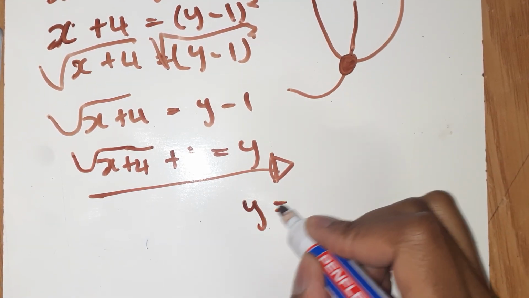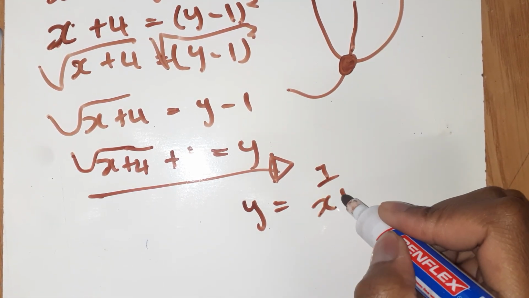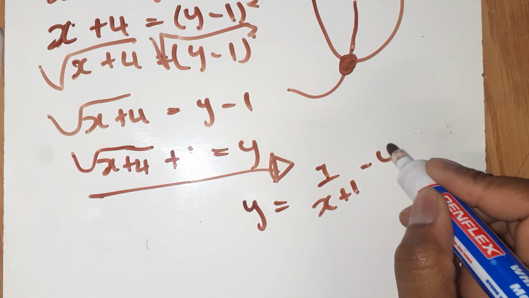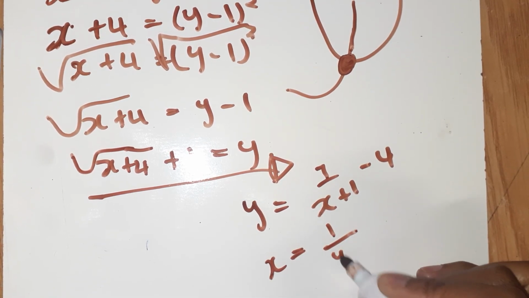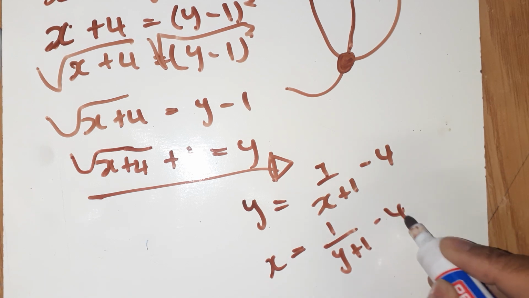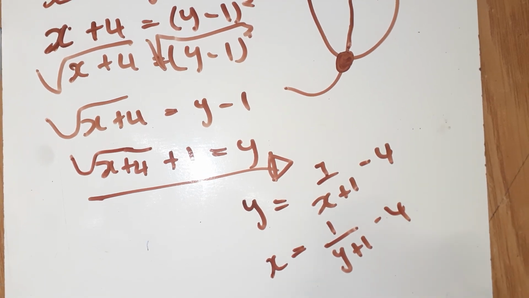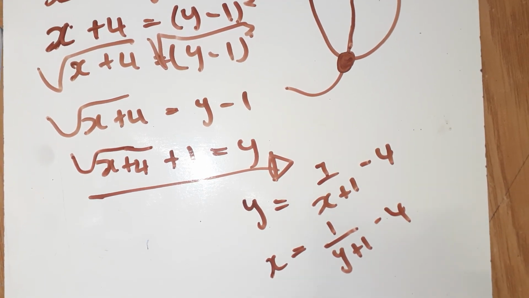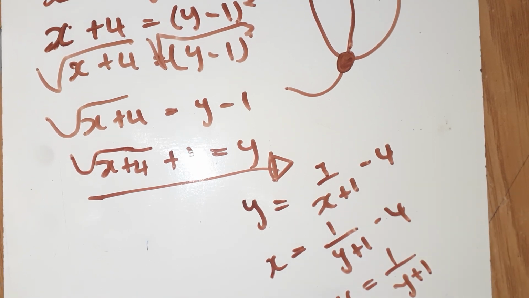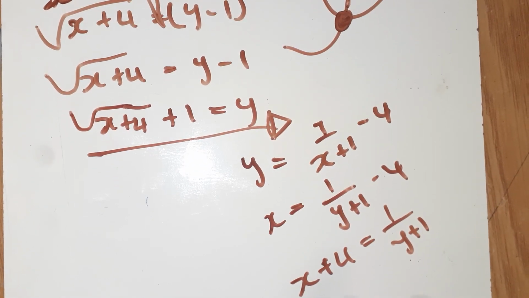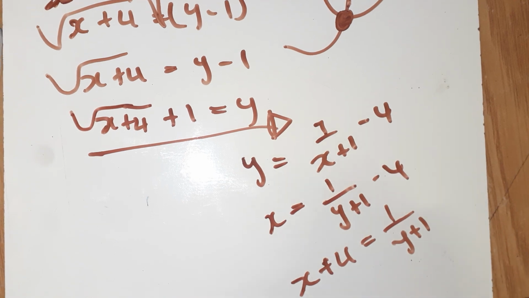Hyperbola, it's y equals 1 over x plus 1 minus 4. So it will be x equals 1 over y plus 1 minus 4. Then we will have x plus 4 equals 1 over y plus 1. And when we are here, we can cross multiply.